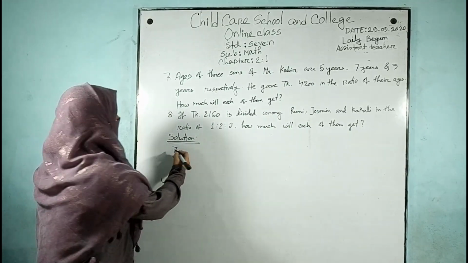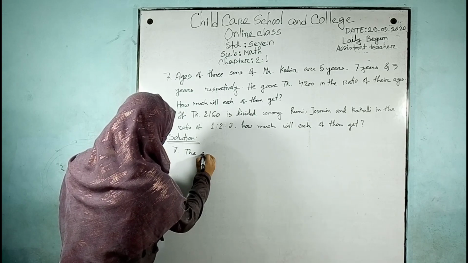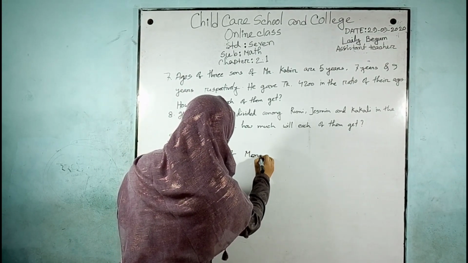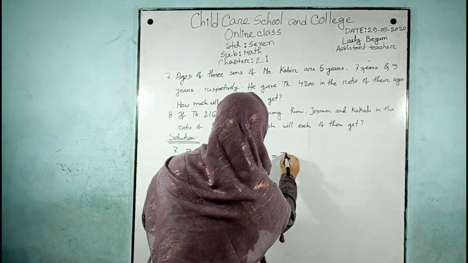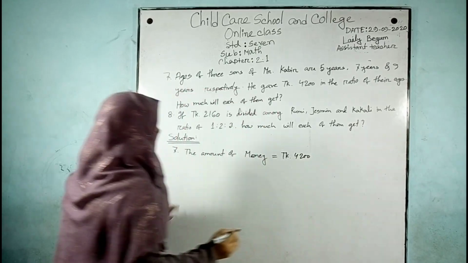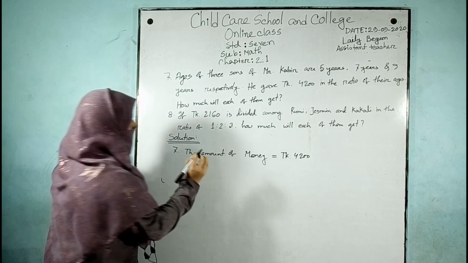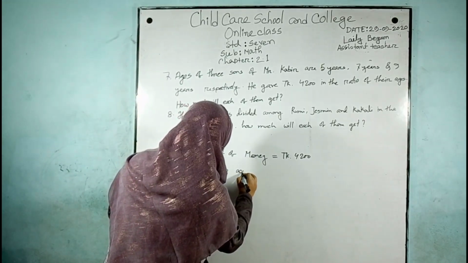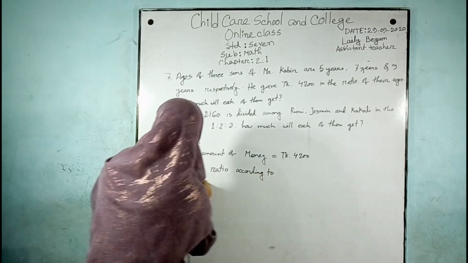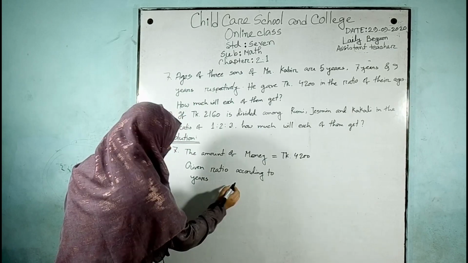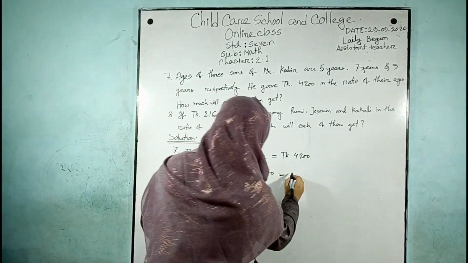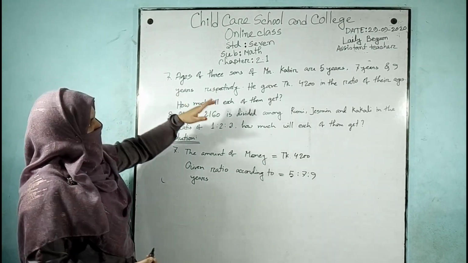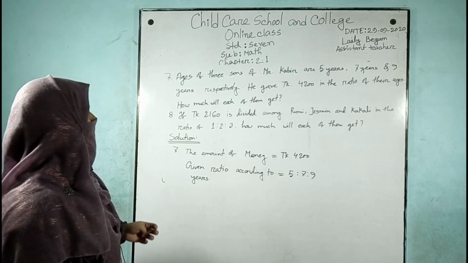Question number 7. The amount of money is Taka 4,200, and it is given in ratio according to ages, 5:7:9. The ages of the 3 sons of Mr. Kobir are 5 years, 7 years and 9 years respectively.